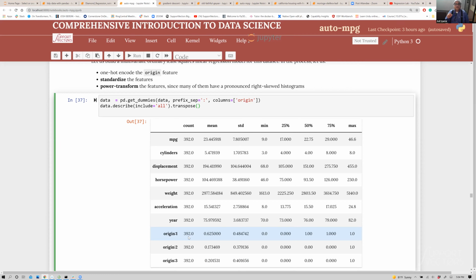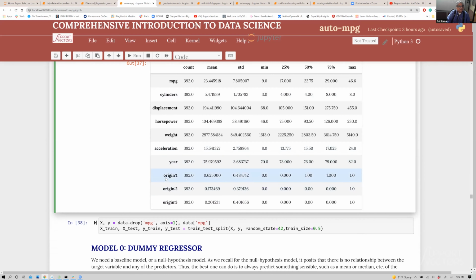If it is a European car, you mark origin 1 is 0, origin 2 is 1, and origin 3 is 0. You see that, right? Origin Europe is 1. So that way of doing it is called one-hot encoding. So pandas gives you a very simple way to do one-hot encoding. You can just say get dummies. And you notice that it got burst out into 3 variables now, 3 features.